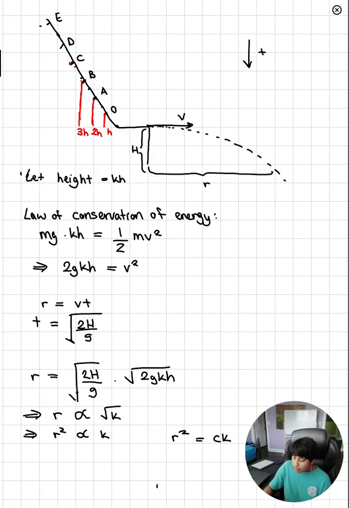Okay, now that we know this information, how can we use it? It's already given that at the given height of h, which means k equals 1, r will be equal to 10 centimeters. So this means that 10 squared over 1 would be some constant. And that same constant should be equal to 25 squared over whatever k, whichever scaled up version we're looking at, must be the same.